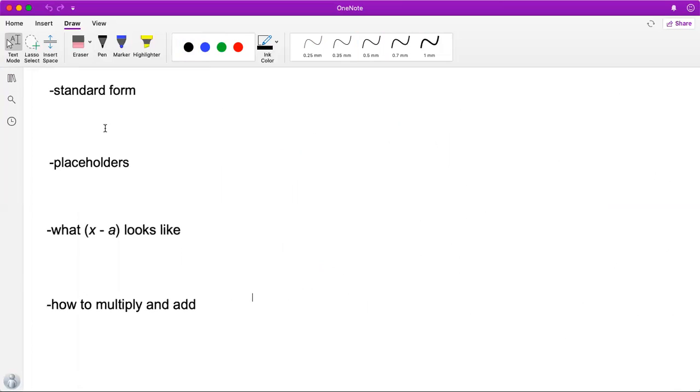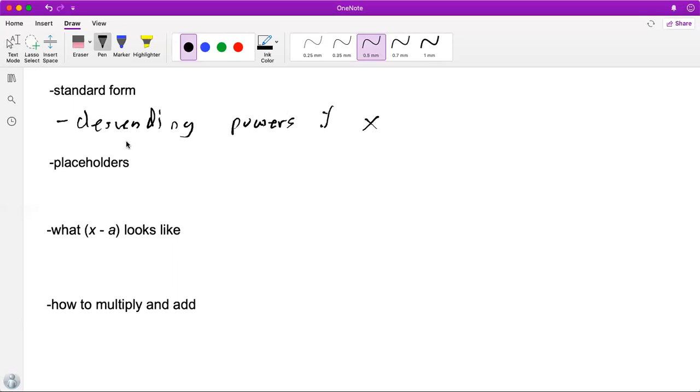So things to remember if you want to use synthetic division: standard form. The polynomial you're dividing into has to have descending powers of x. It doesn't have to have all of them, but the ones that are there have to be descending. If some are missing, that's okay, but you can't have x squared to the left of x cubed.